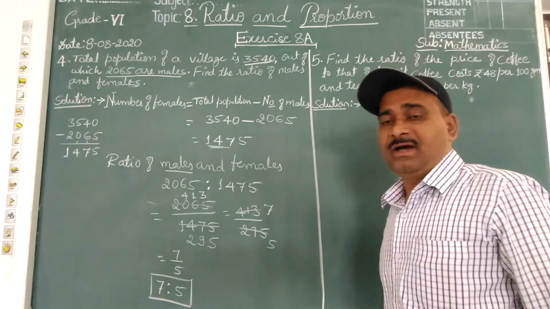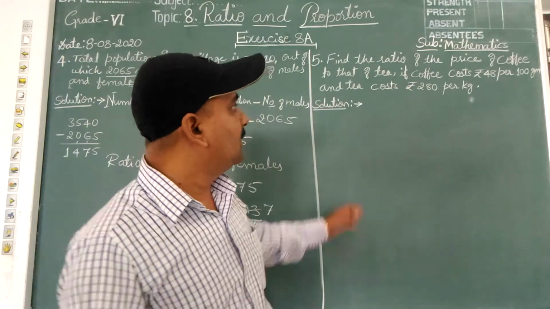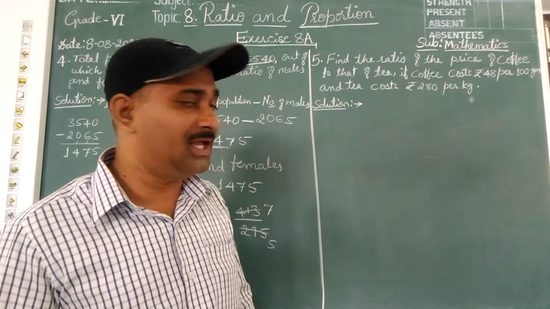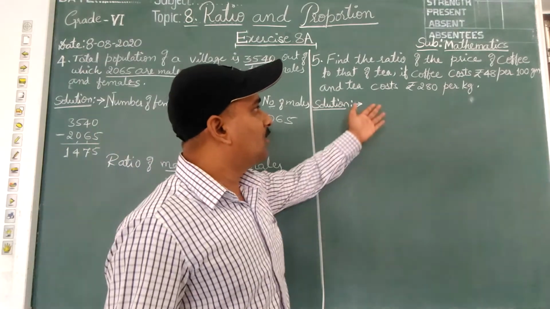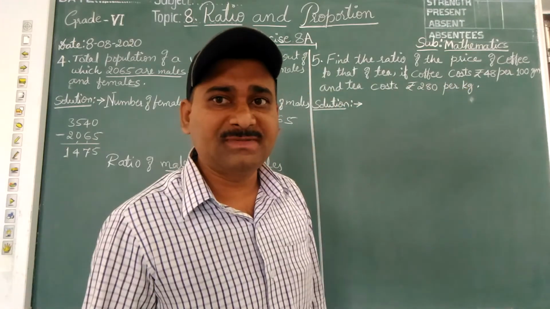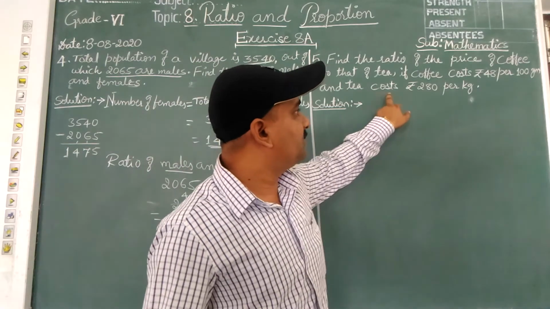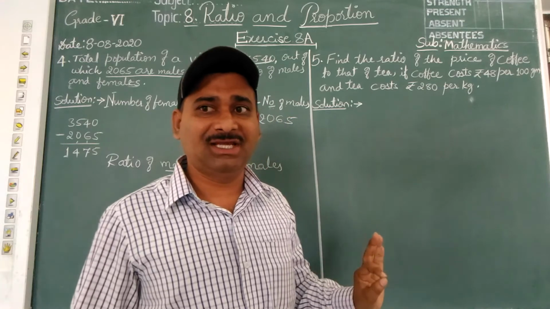Here again question is find the ratio. Find the ratio of what? Coffee and tea. Price of coffee and price of tea ratio we should find out. In this, cost of a coffee is 48 rupees per 100 gram. Cost of a tea is rupees 280 per kg.